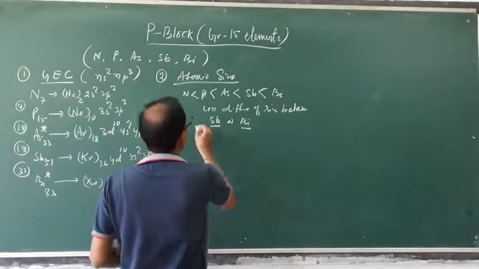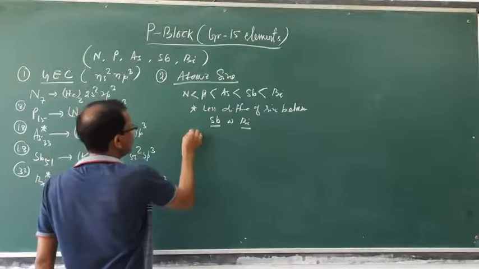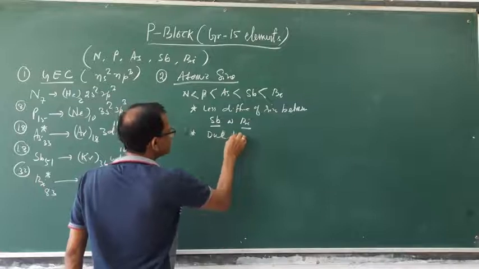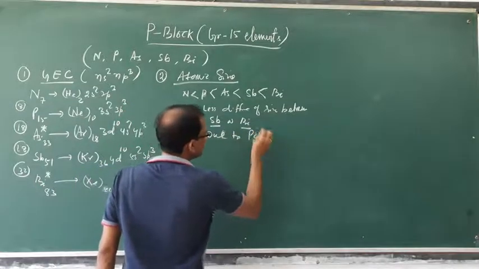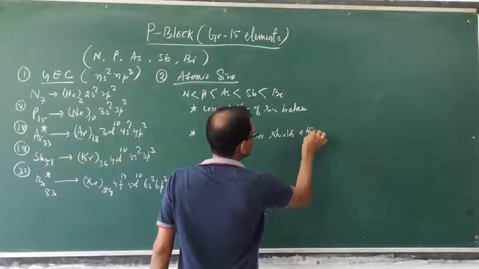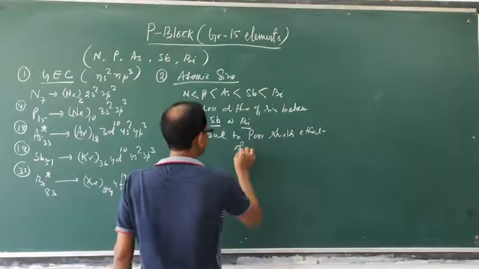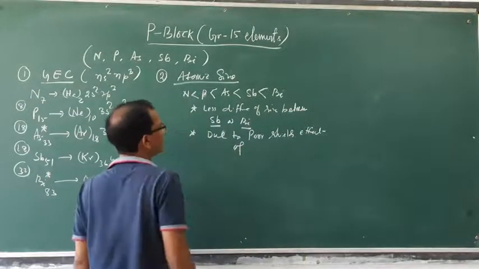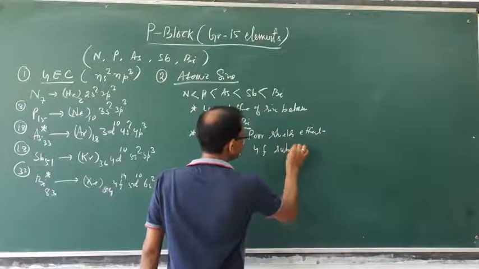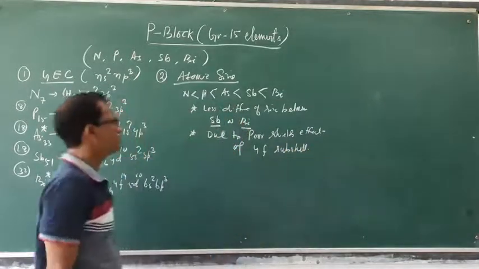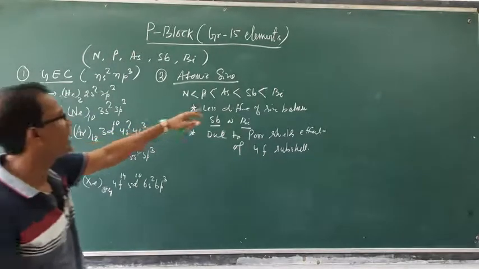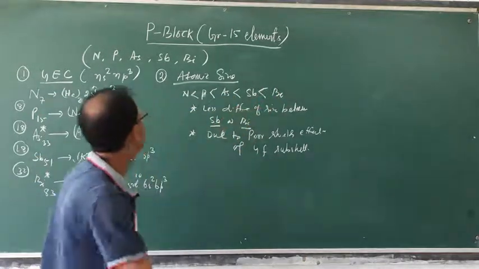Due to the poor shielding effect of the 4f subshell, the size difference between antimony and bismuth is less.